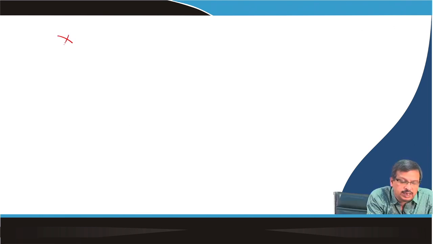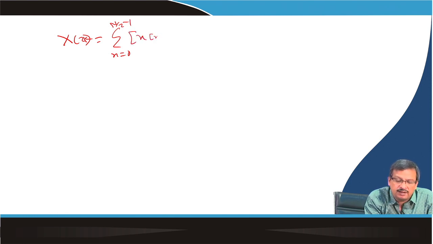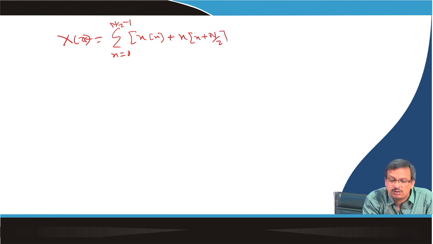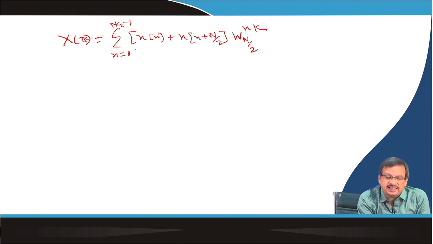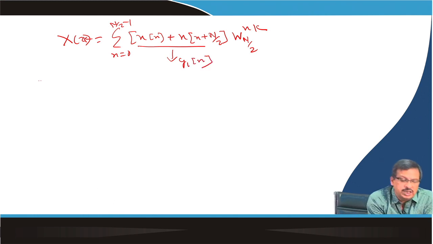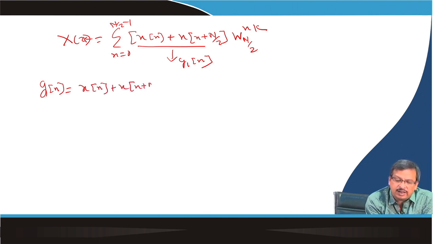I can say X(2k) is equal to the sum over n equal to 0 to N/2 minus 1 of x(n) plus x(n plus N/2) into W_(N/2)^(nk). So, I can say this is the signal, let us say this is g1(n). So, g1(n) is nothing but x(n) plus x(n plus N/2).